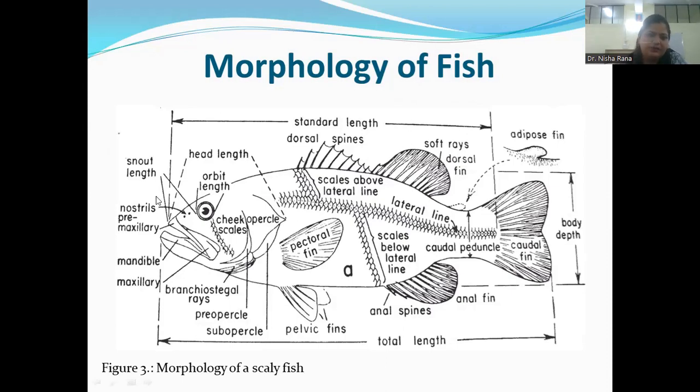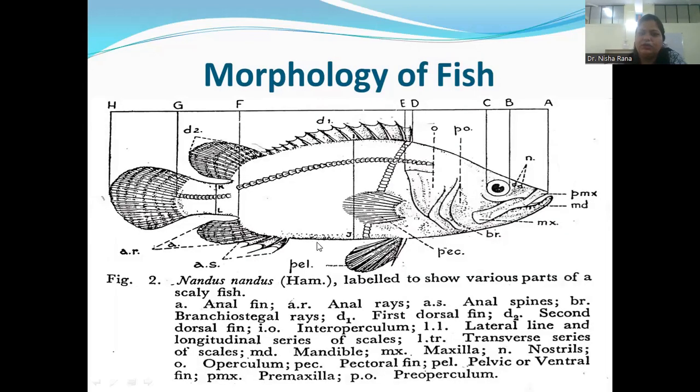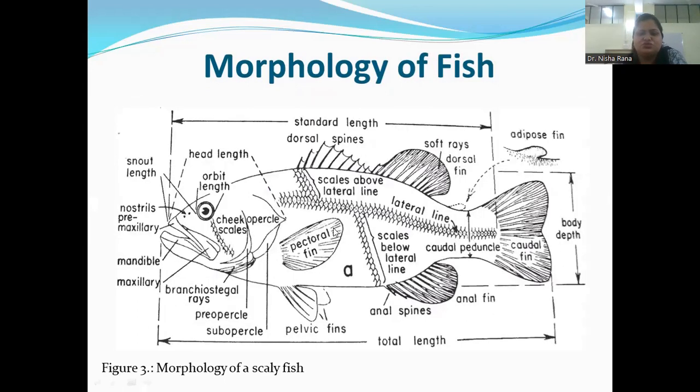Those I have already described, the snout length. The last image showing A to H accordingly the labeling, and this image is showing the particular labeling of the same: the snout length, nostril, premaxillary, mandibles, maxillary, then the pre-opercular, super-opercular, pectoral fin, then the dorsal fin, and then the spines, then the soft ray of the dorsal fin.